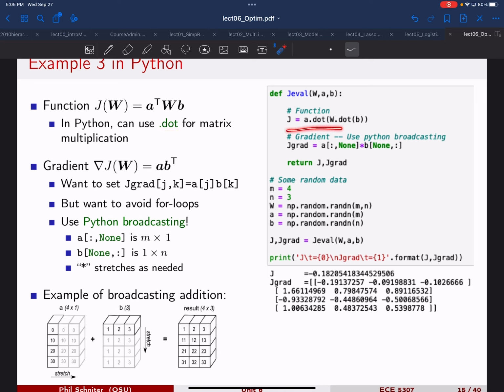And it looks like this. Here A is a vector, and WB is a vector. So really this is a dot product, or an inner product, between A and WB. So that makes sense that you can do this with A dot and then the WB thing. Now, even this you can do with a dot product.